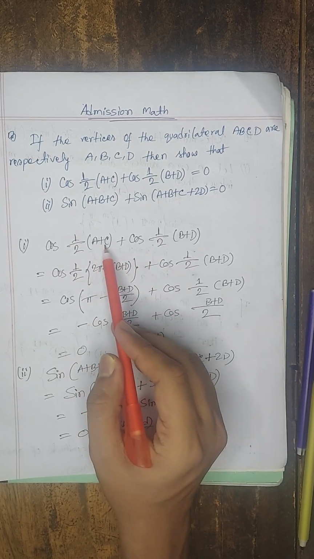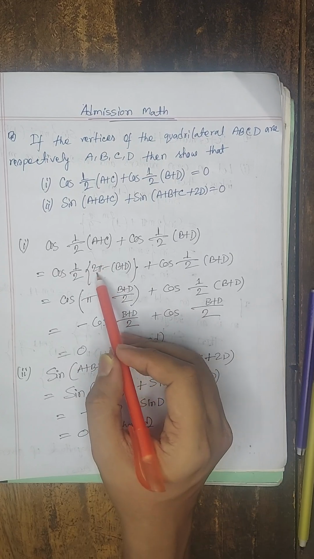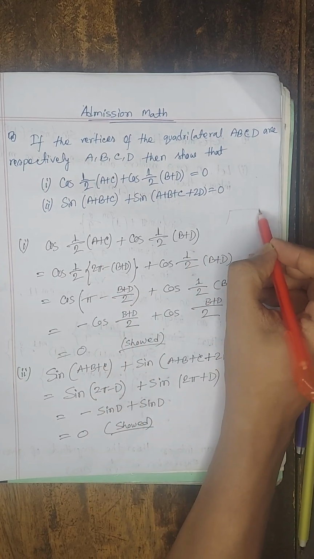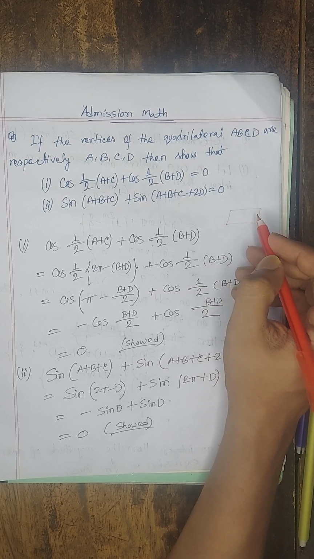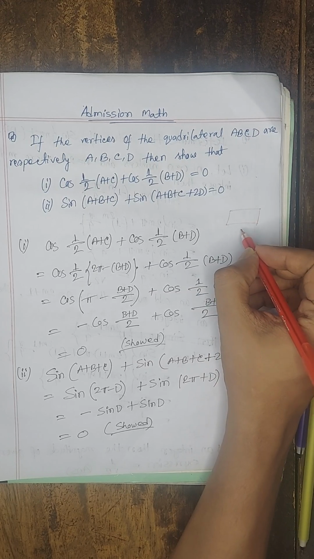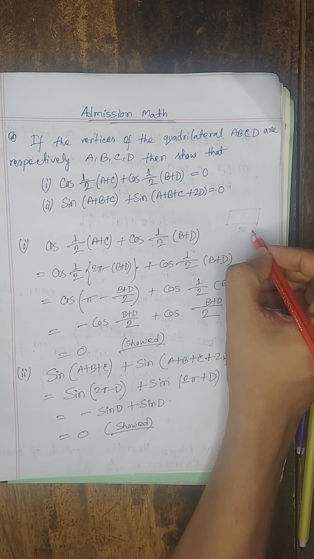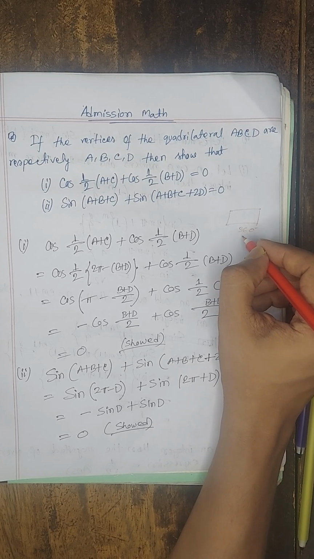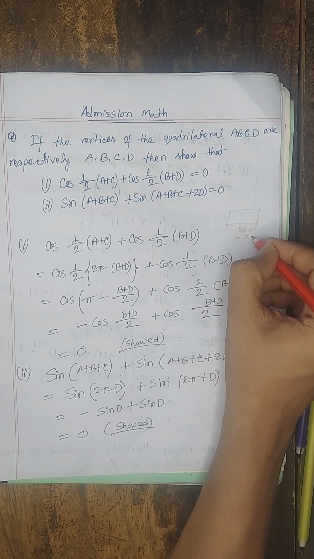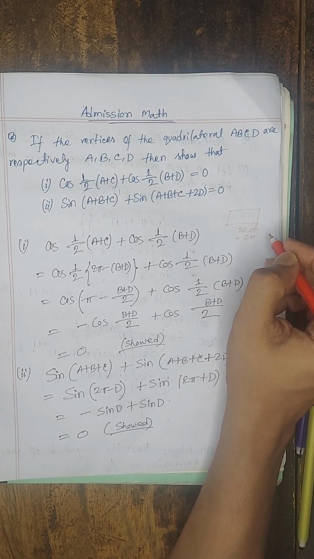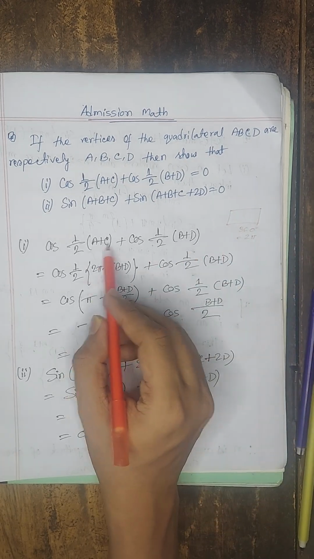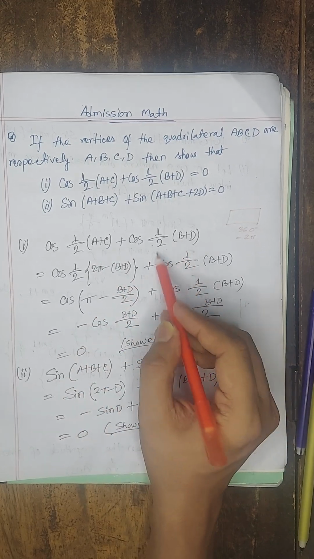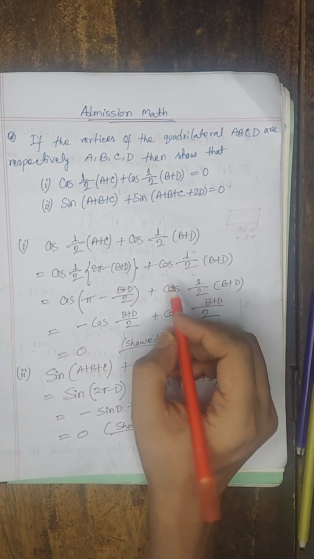First problem, cos half (A plus C) plus cos half (B plus D). Here we can substitute A plus C by 2 pi minus (B plus D), because in a quadrilateral we know the sum of the four angles is 360 degrees, right? So we can write 2 pi. We convert A plus C into 2 pi minus (B plus D), and cos half (B plus D) remains the same.